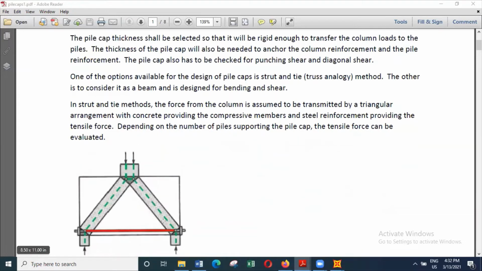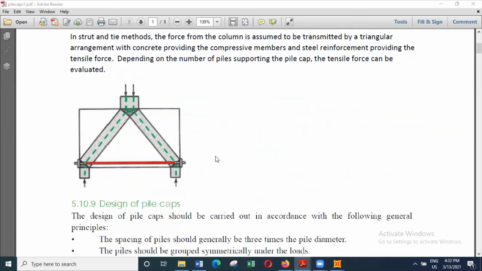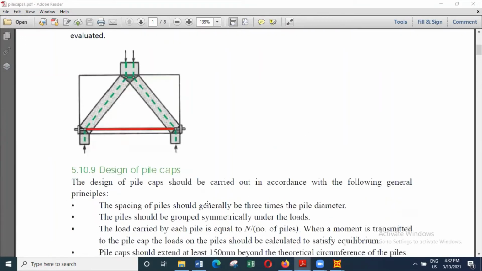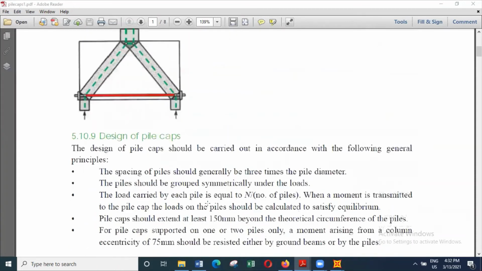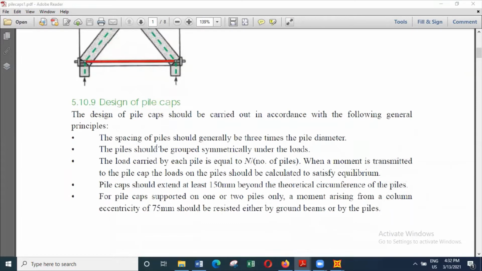This is a strut and tie model, which is very similar to what you have just seen and discussed. And these are the guidelines given in the structural engineering manual by the Institution of Structural Engineers for pile caps.